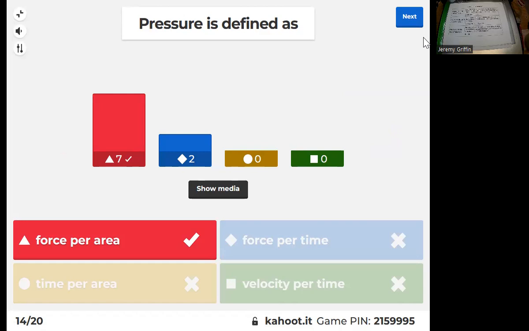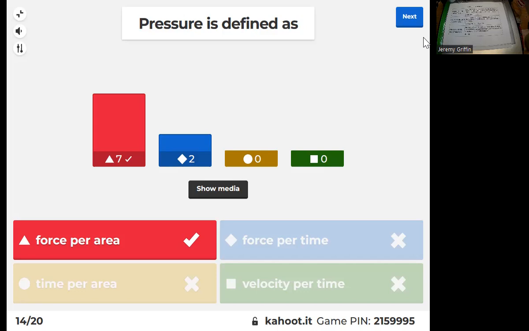Pounds per square inch, which is like a force per unit area, right? Pounds per square inch to describe pressure. Another one is newton per square meter, which is also called 1 Pascal. Yeah, 1 Pascal is 1 newton per square meter.